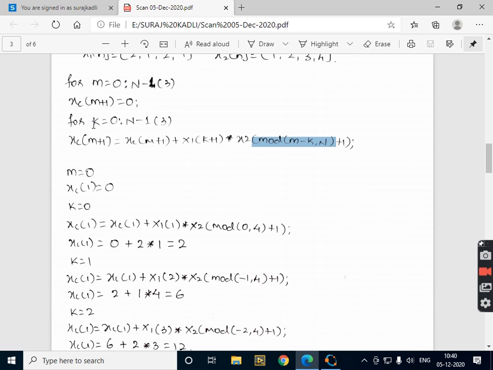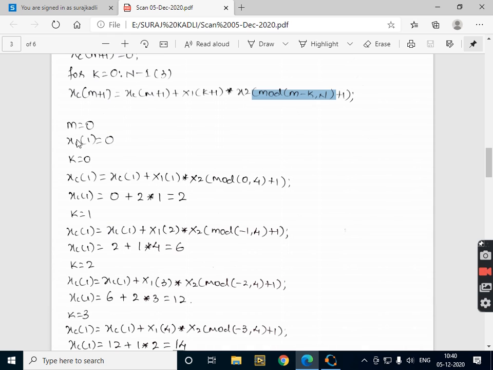Now xc of 1 is the first point in the circular convolution. Next, the for loop will be executed for k equals 0, the first iteration. Now both m and k have 4 iterations to carry out. So in the first iteration they'll be verified for m equals 0 and k equals 0.